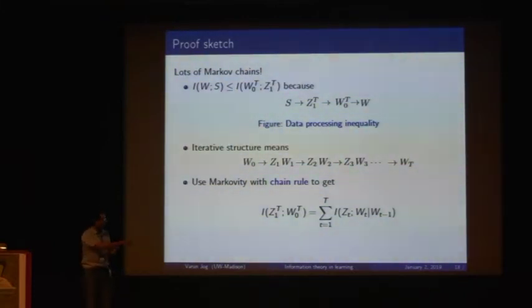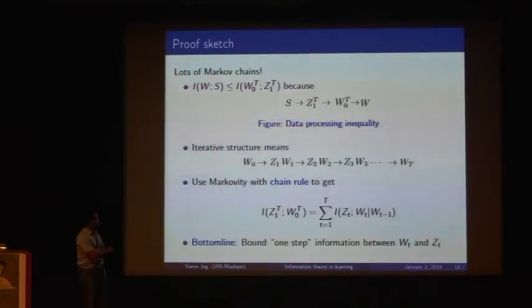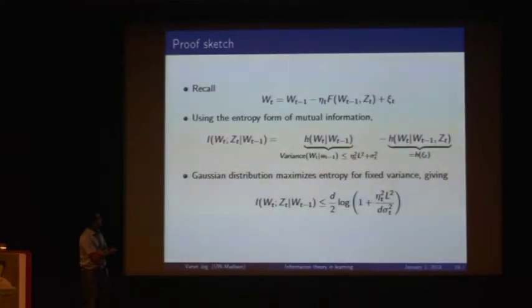So if you can make each of these T terms small, then of course you're going to make this small, and this happens to be an upper bound on the I(W;S). So the mutual information that we care about, I(W;S), it's sitting somewhere here, so that is less than or equal to this, and that is exactly equal to that. So if you can control this sum, then you're kind of good. And the way to control this sum is using essentially some maximum entropy properties of the Gaussians.